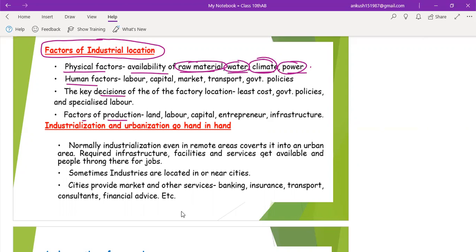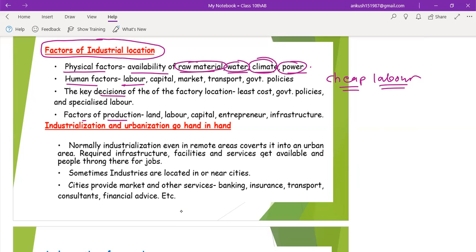Another is the human factor, which is very important in the location of industry. Labor: what kind of labor would we like to employ there? Cheap labor.